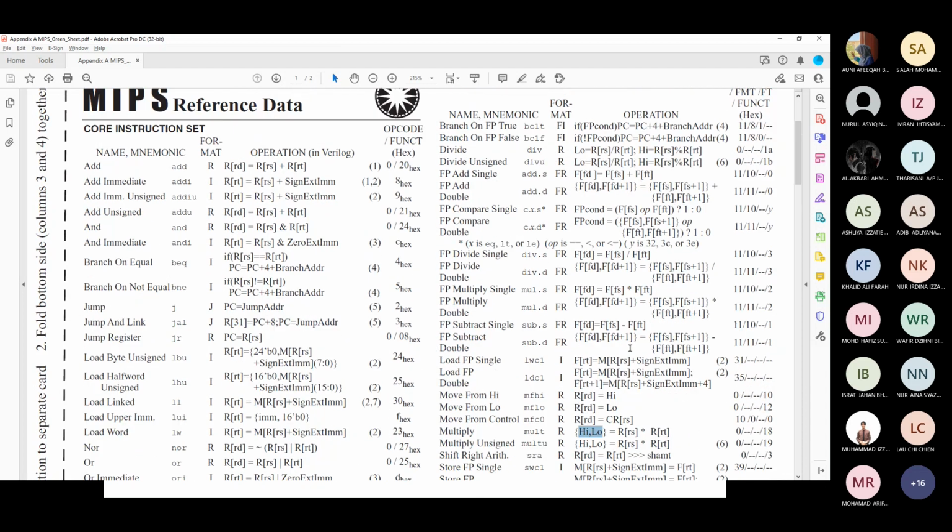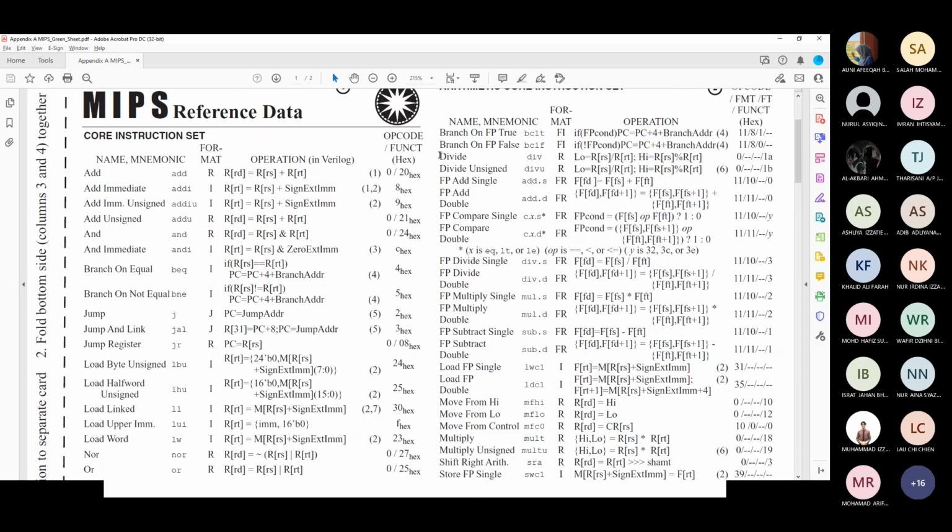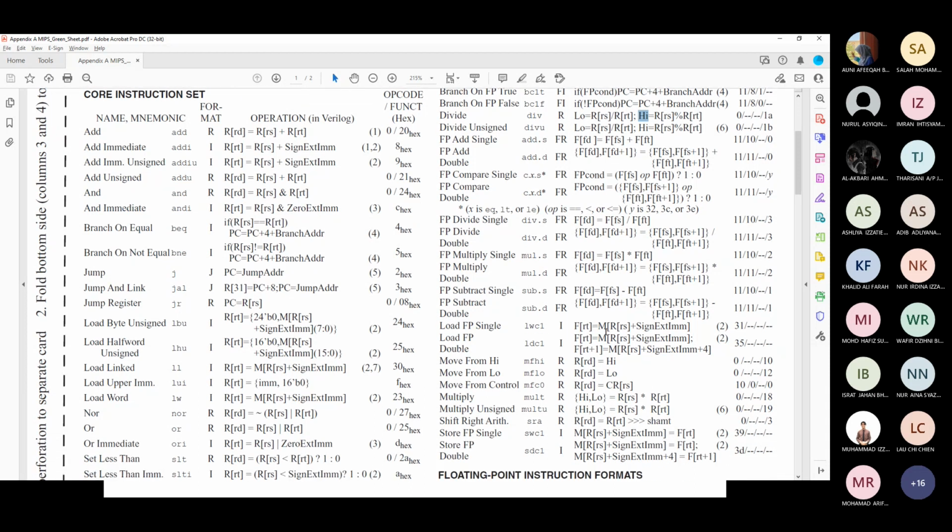And then another command that we would use for our arithmetic, only these two, is division. You would use division to divide. Again, they are using the low and high registers to store your result. What else?